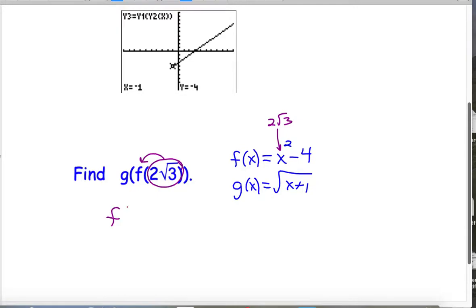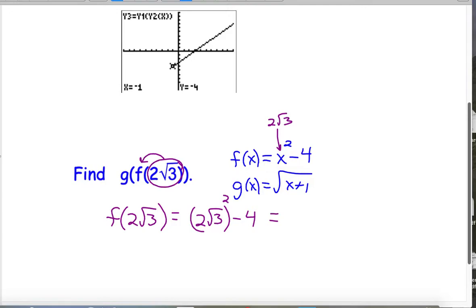So f of 2 root 3 is equal to 2 root 3, and then f squares that input and subtracts 4. Now when I square 2 root 3, when I square the 2 I get 4. When I square the root 3 I just get 3.